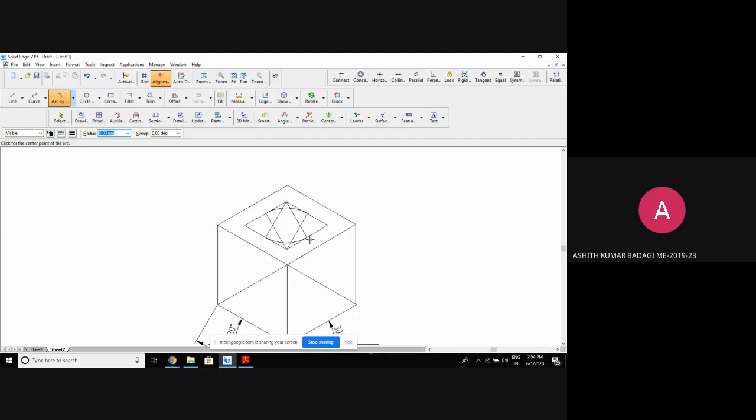Done, sir. Okay. Next, see here. This intersection, you got this intersection here? From here to this, you cut an arc. Again, from this intersection to this radius, cut an arc.